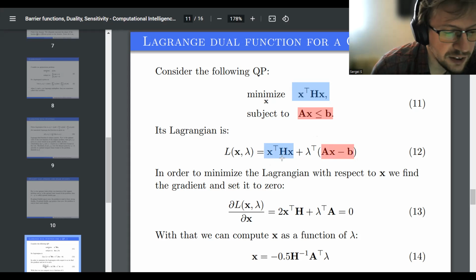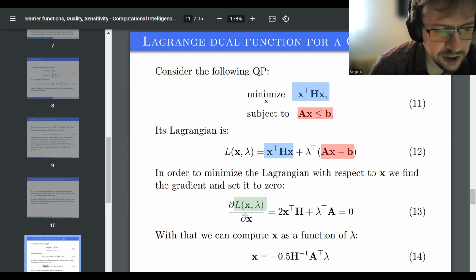Now let us minimize this Lagrangian with respect to x. To do this, we take the Lagrangian and we set its derivative with respect to x to 0.